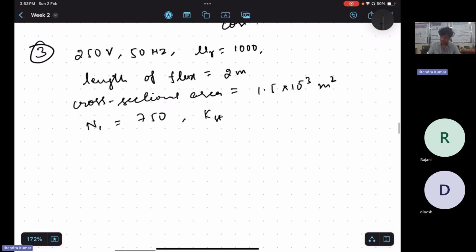The stacking factor is equal to 0.88. We need to find the maximum flux density.